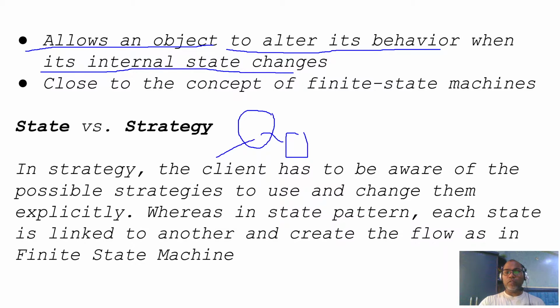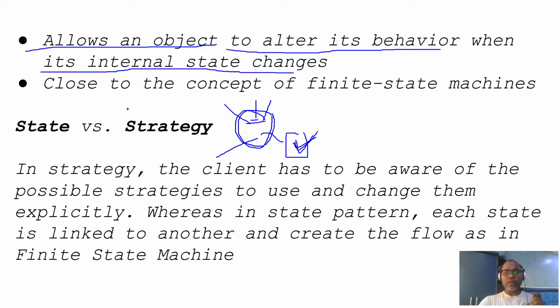Whenever you invoke these functions, they respond with something. But whenever the internal state changes, this behavior also changes. If someone changes to another state, the behavior also changes. So the State design pattern says an object can have a state, and whenever the internal state of an object changes, its behavior also changes.